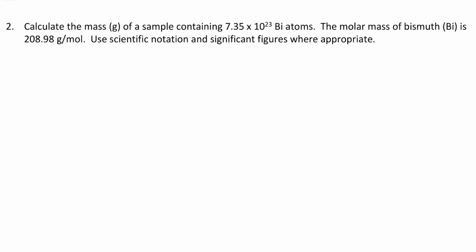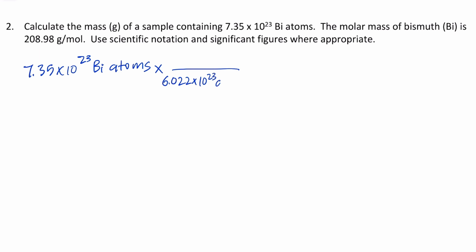So let's start off with our given: 7.35 times 10 to the 23rd Bi atoms. Then we're going to convert this to moles using Avogadro's number, so 6.022 times 10 to the 23rd atoms of Bi per 1 mole of Bi.